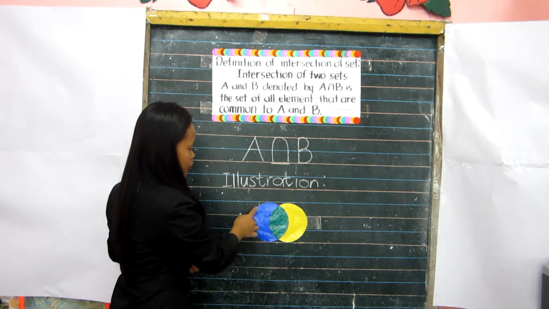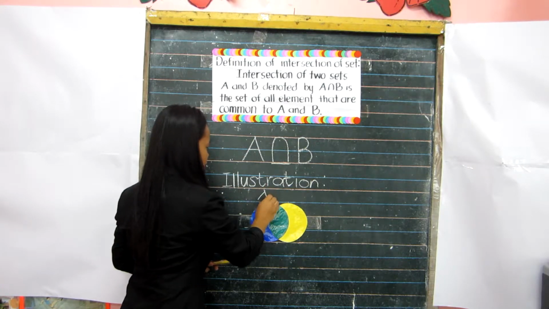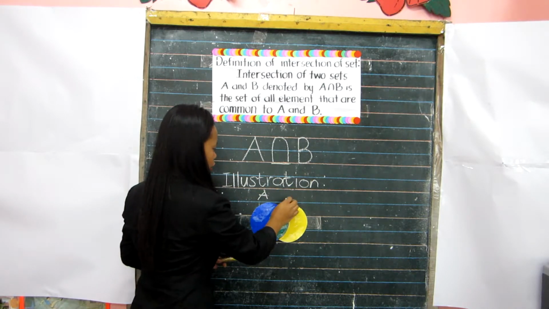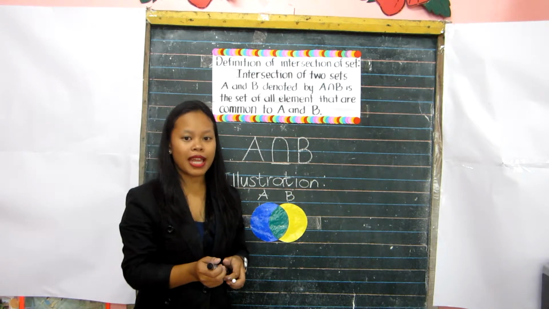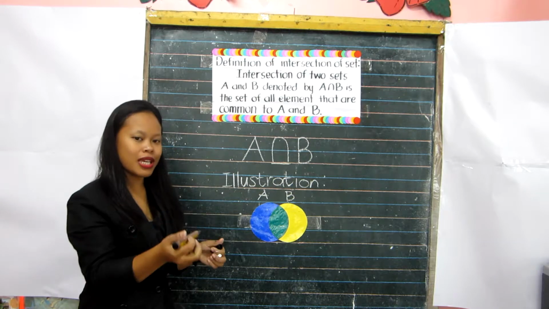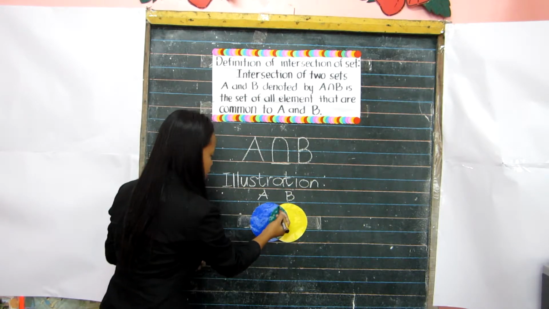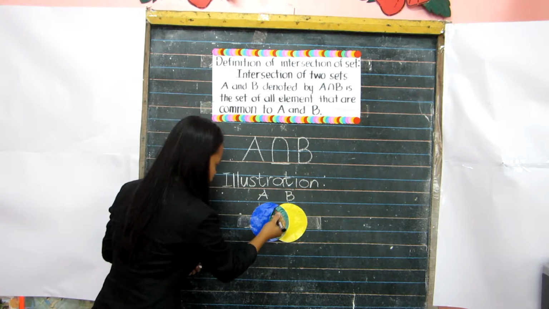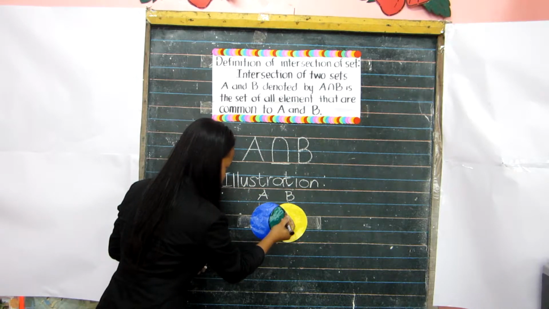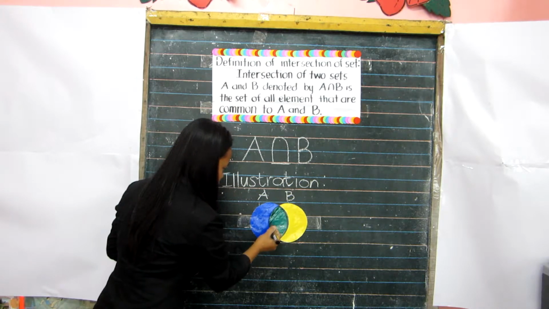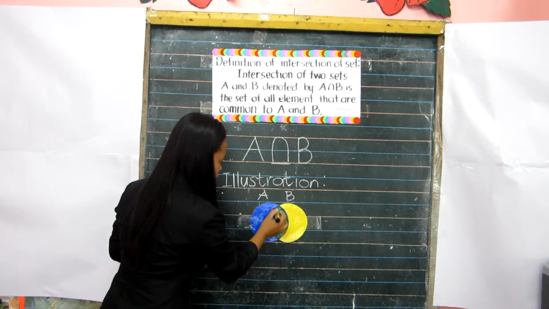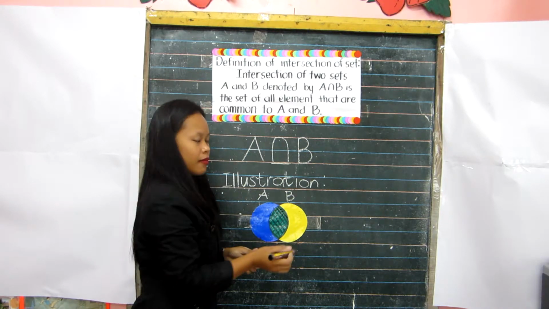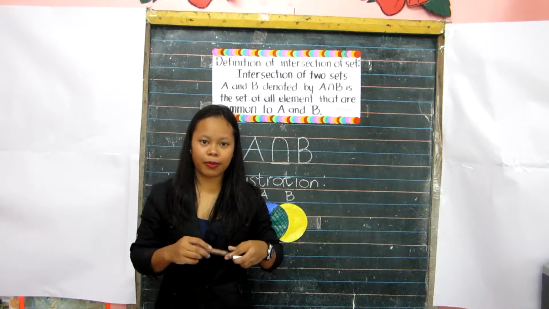We set this circle as our set A and this circle our set B. The intersection of sets is the common elements in set A and in set B. So we illustrate this here, since this part is common in A and in B. So let's proceed to our examples.